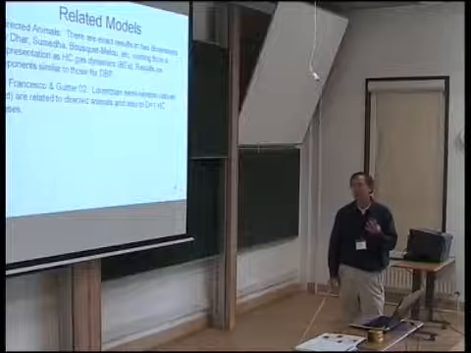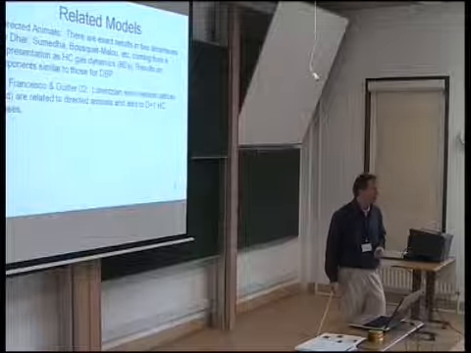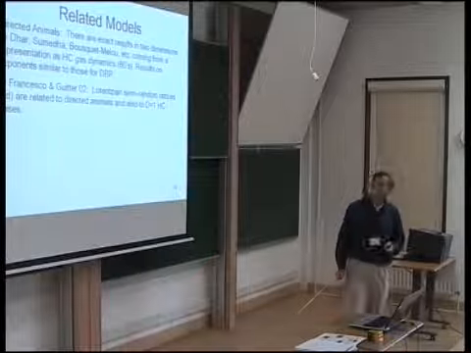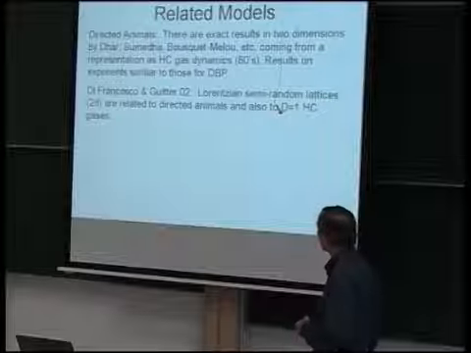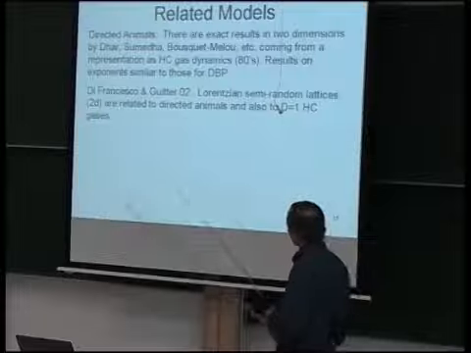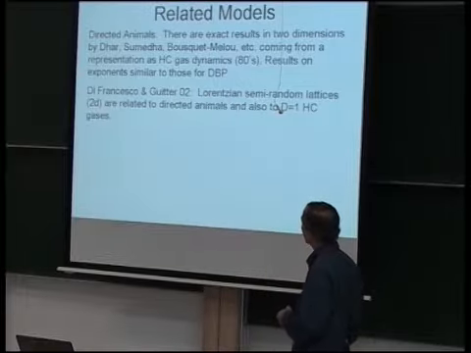So directed animals would be like the directed polymers, except that there are loops allowed. And as you would expect, the critical exponents don't know whether you have loops or not. And so basically both problems then end up getting related to the hardcore gas in d dimensions.